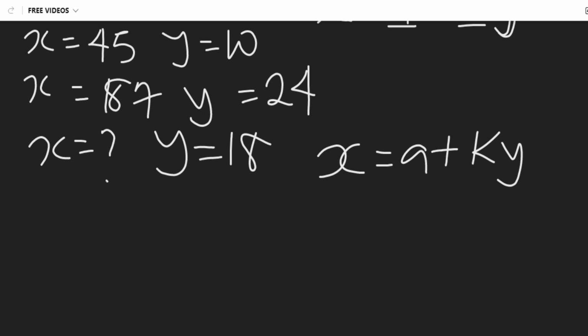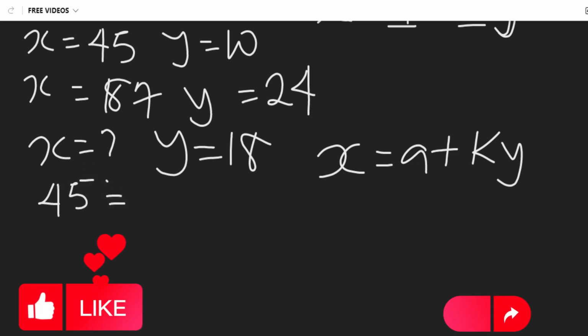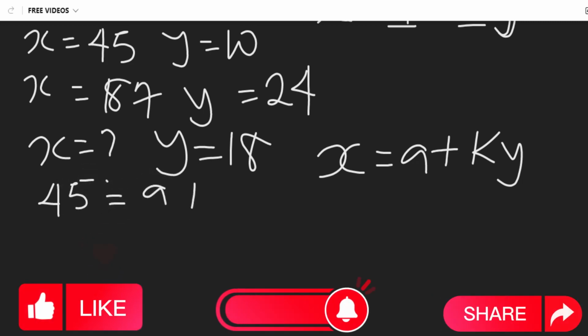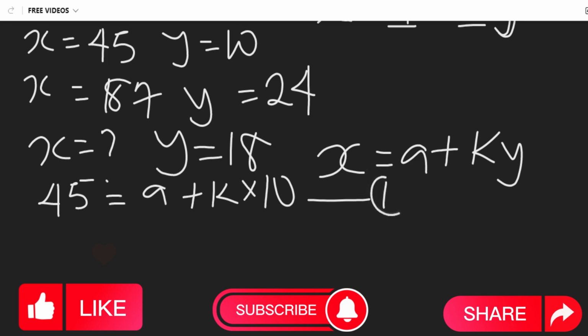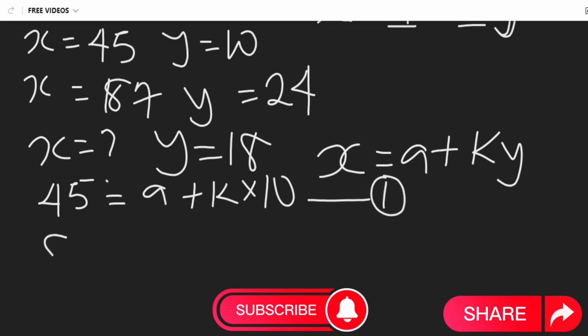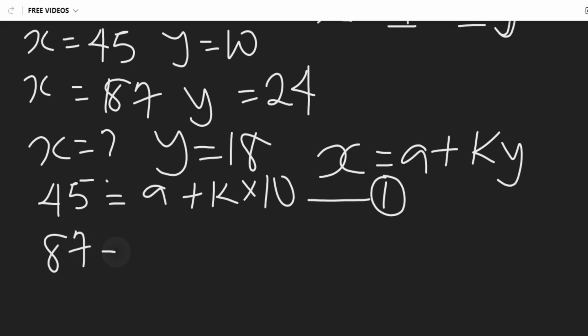The first values we are given: 45, which is equal to a, which is constant, plus k, which is constant, times 10. And that will give us the first equation. In the second equation, we are given x to be 87, which is equal to a plus k times 24, and that will be equation 2.